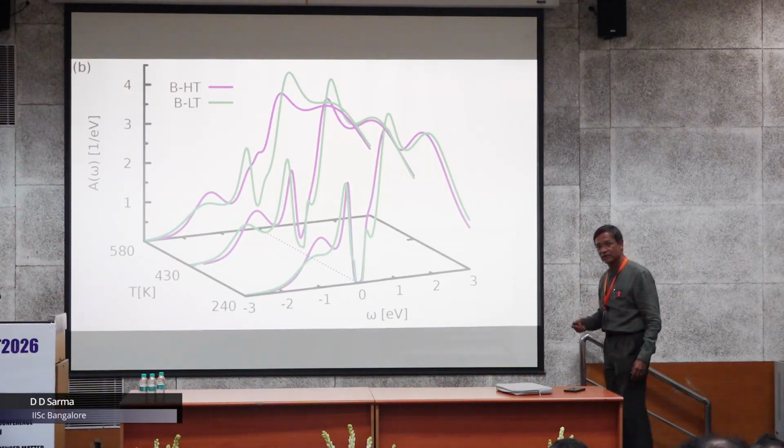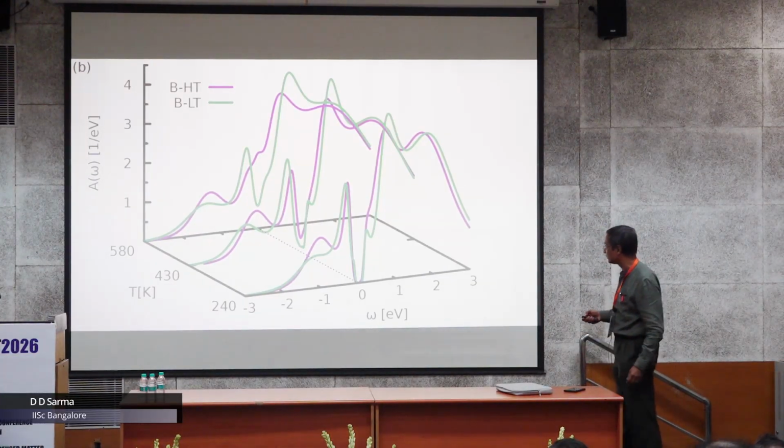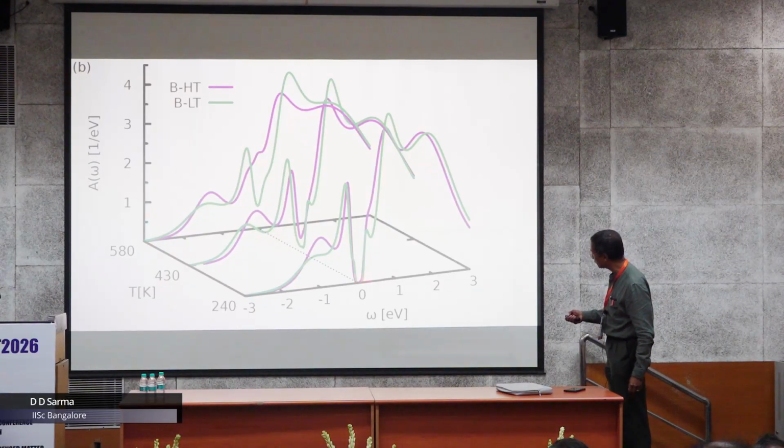I start to increase the temperature, keeping the same structure. When I increase the temperature of the low temperature phase, I see the gap survives, and because of thermal excitation, there's a filling of the gap. At this temperature, this gap still survives in the high temperature phase, but the filling is a lot more rapid.